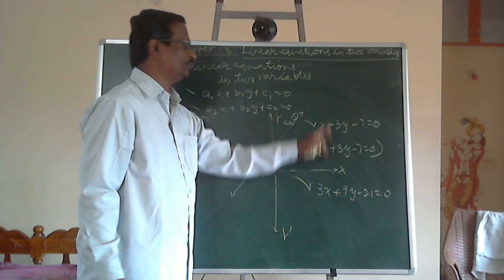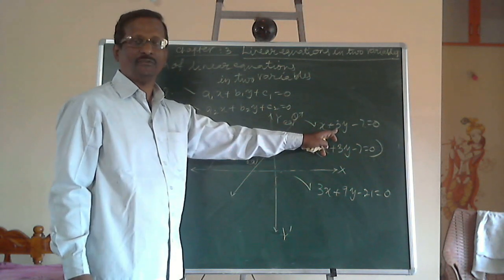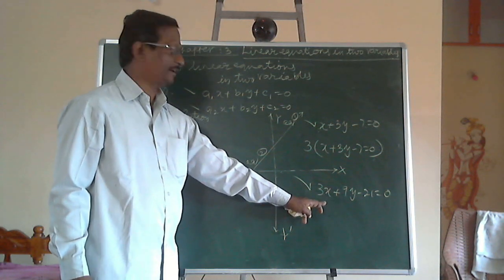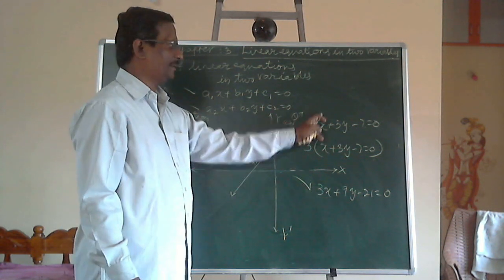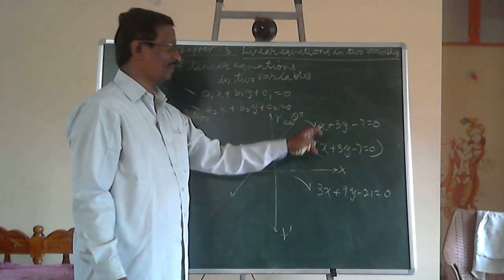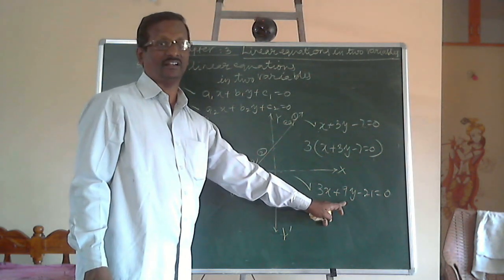If you consider these two as two different equations, whatever is the graph represented by the first equation, the same is the graph represented by the second equation, because the two equations are dependent equations. It's because when we multiply the first equation by some real number 3, we get the second equation.